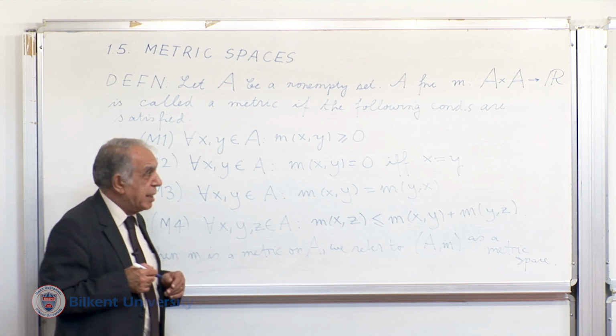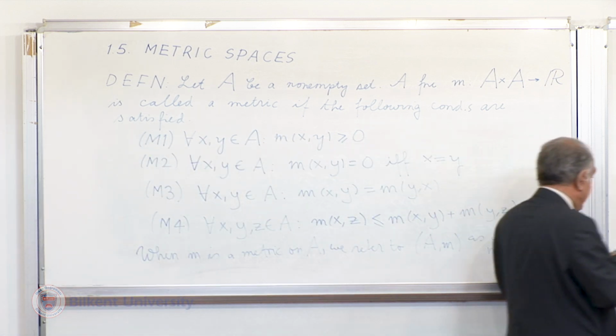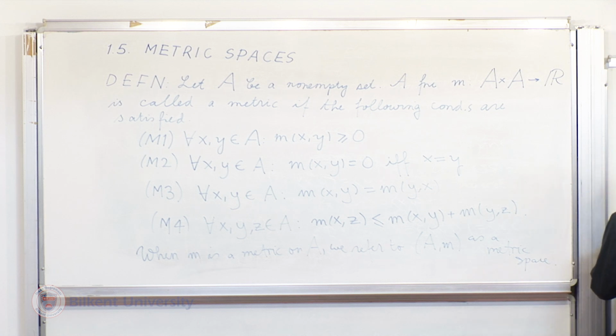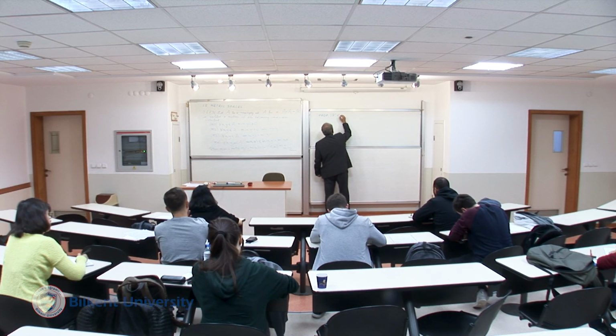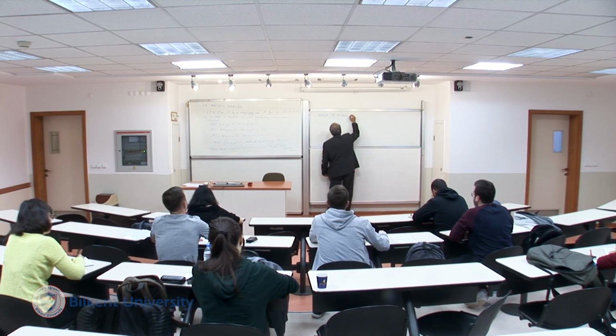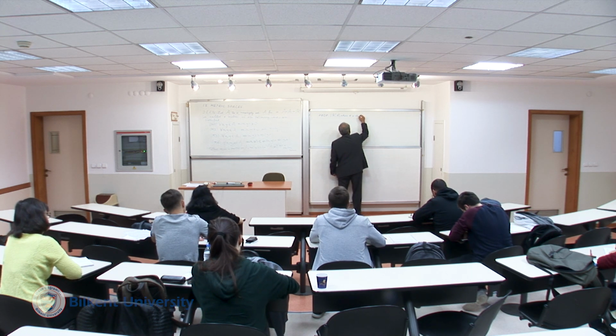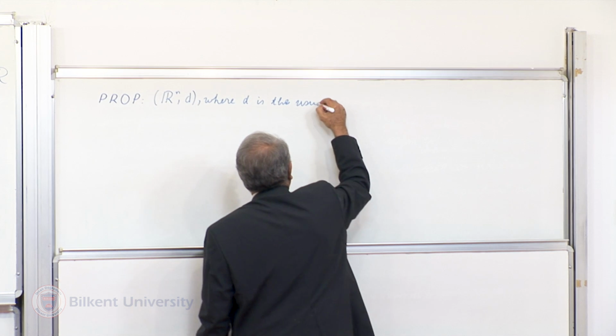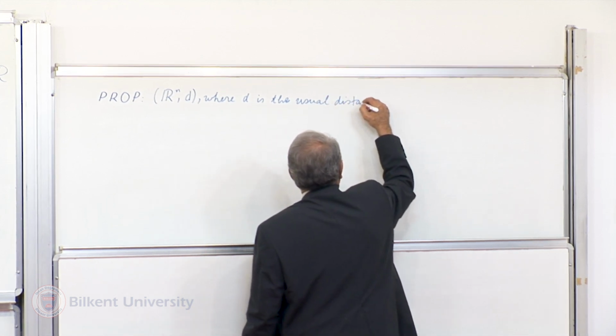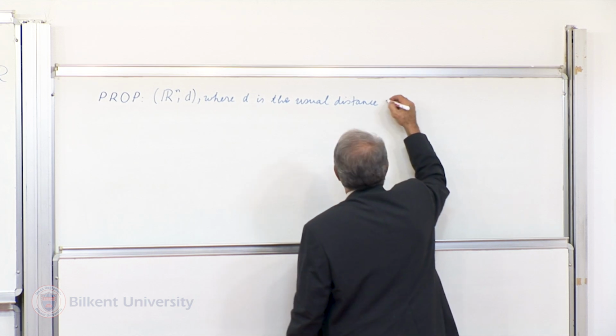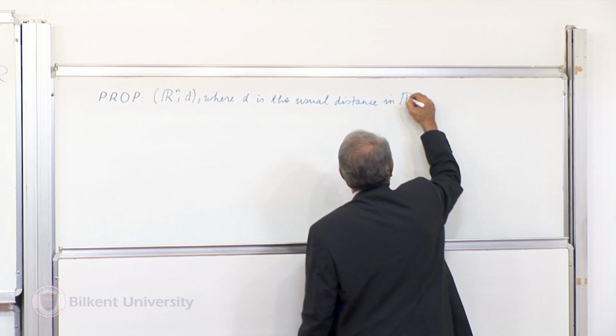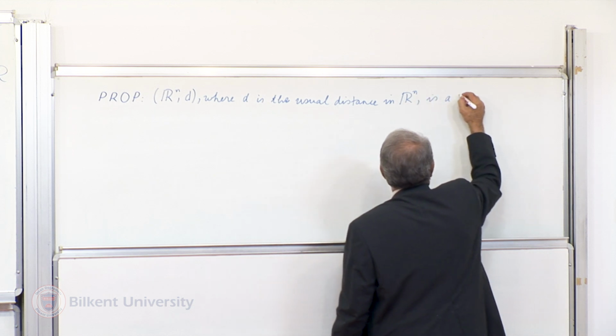Now let's see some examples. Now firstly, let's first note down the following proposition. R^n and D, where D is the usual distance in R^n, is a metric space.